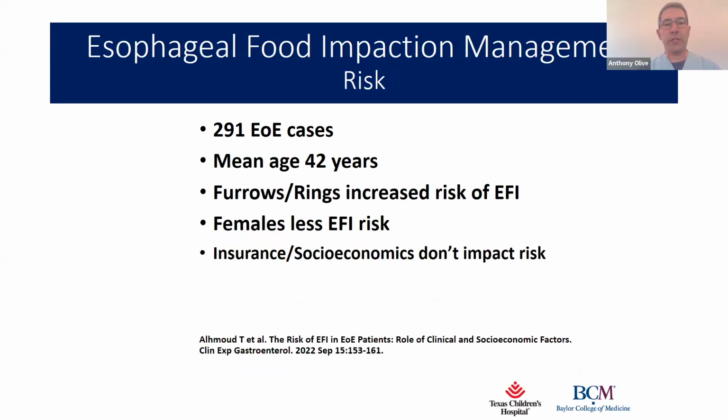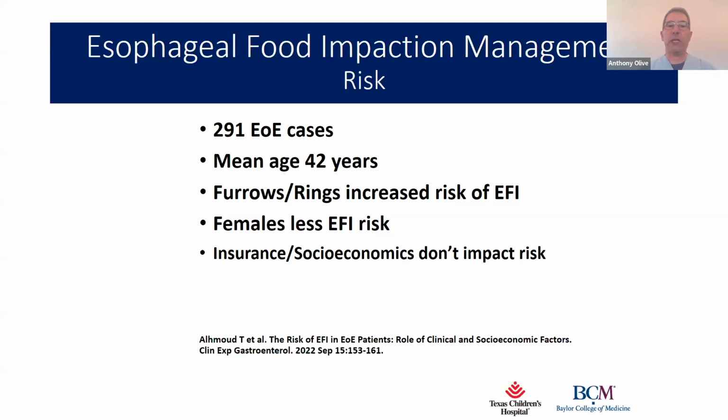In terms of risk, this paper from 2022 looked at 291 EOE cases in adults, and it was really the presence of furrows and rings on the initial endoscopy that ultimately predicted the risk of esophageal food impaction in the future. Of note, females were less likely to develop an esophageal food impaction.